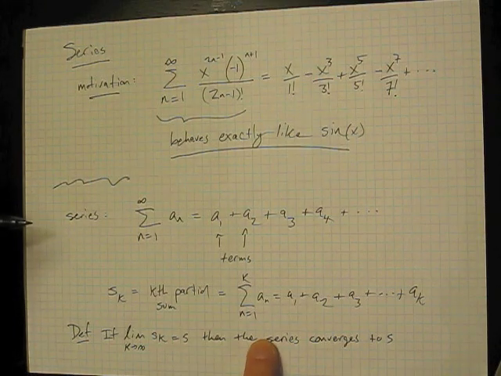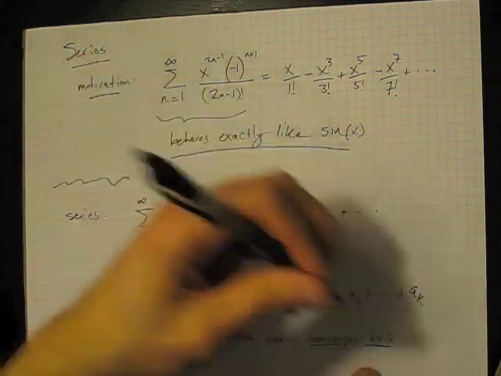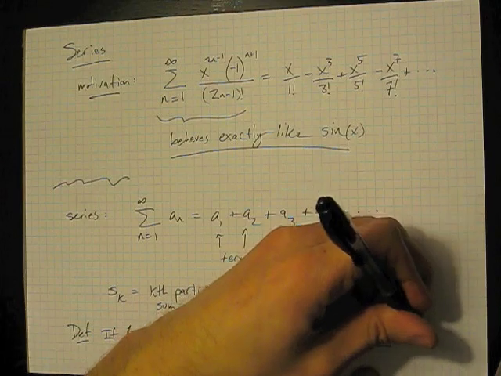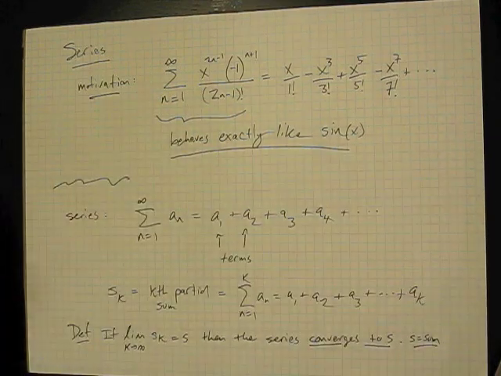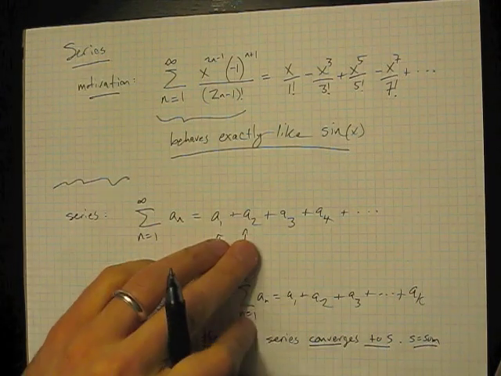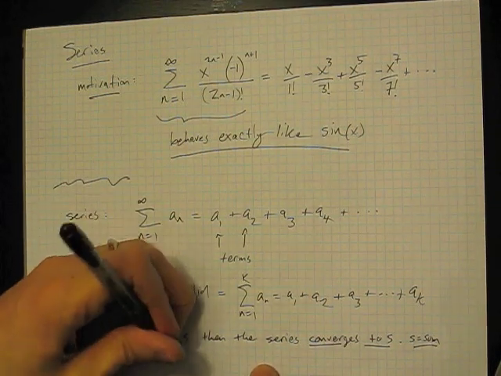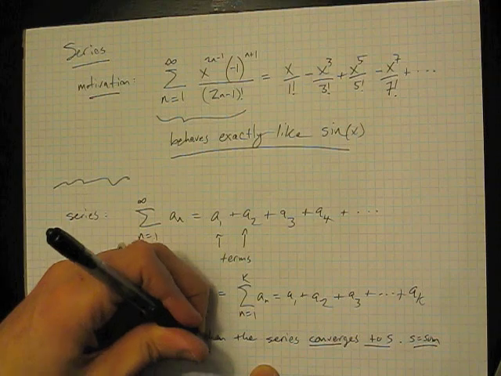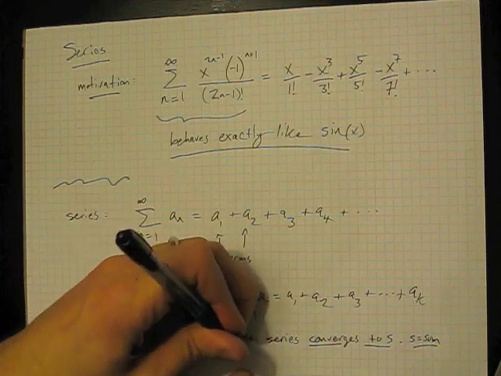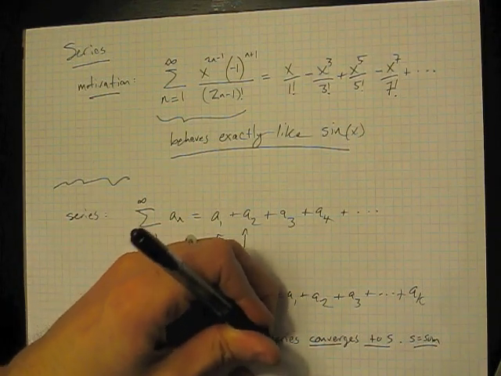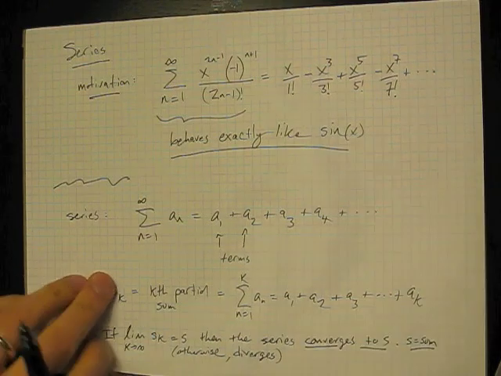We call it S, then the series converges to S, and S is the sum. That's our language. S is the sum. If it doesn't, then it diverges. We say it diverges otherwise. This is if the partial sums don't have a limit.